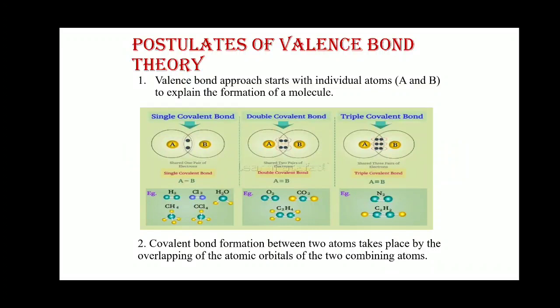It means if the spins of the electrons are opposite, then they will cancel each other and result in the formation of a bond. But if the spins are in the same direction, then mutual electron repulsion takes place, energy increases, and it does not result in bond formation.